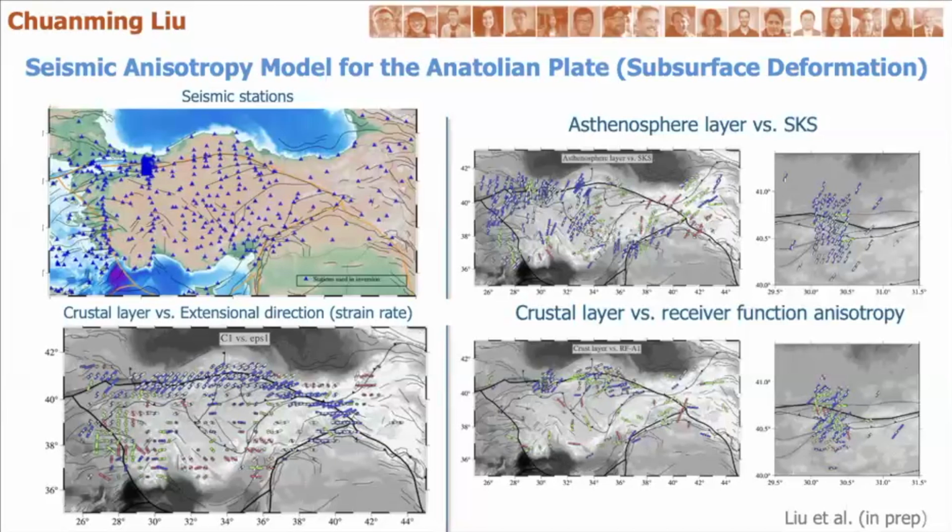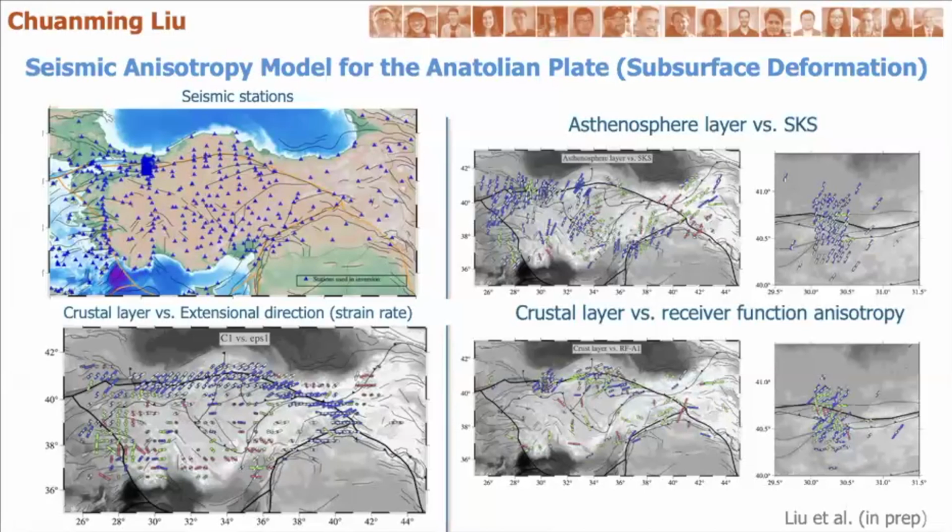For the surface wave, it has a very nice distribution and more homogeneous resolution around 200 kilometers. Here we still can find some coherence between the surface wave-based seismic anisotropy model and the receiver function azimuthal anisotropy measurements in the crust.